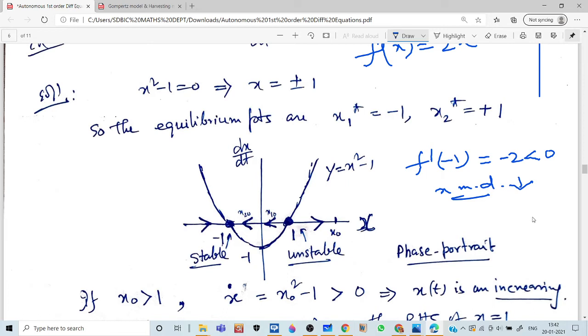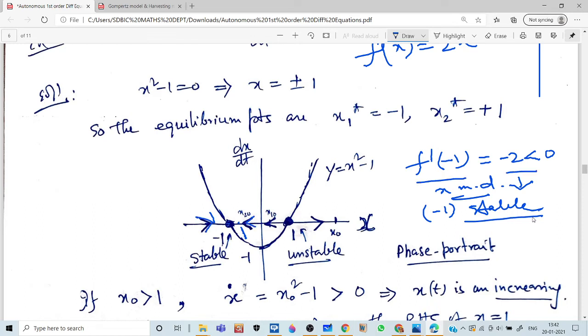Downwards from the point -1, on the left-hand side dx/dt is positive and on the right-hand side dx/dt is negative. So -1 is an asymptotically stable equilibrium point.